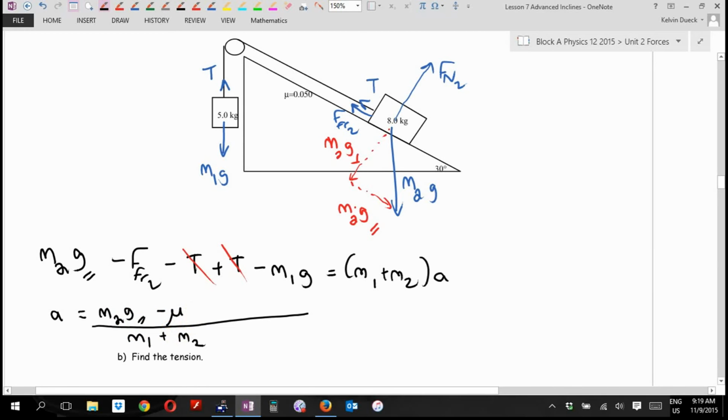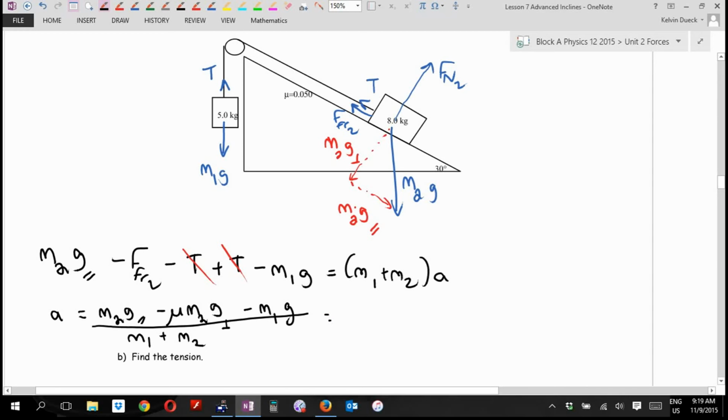I don't know the normal force. But look, I know another force the same size as the normal force. What? Don't say mg. M2G perpendicular. And then the minus M1G just drops down like a domino. Let's plug numbers in.